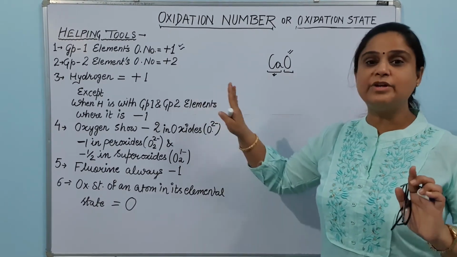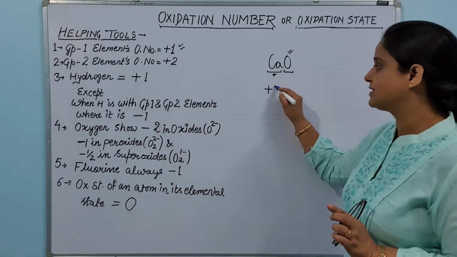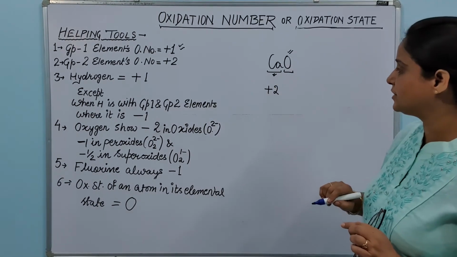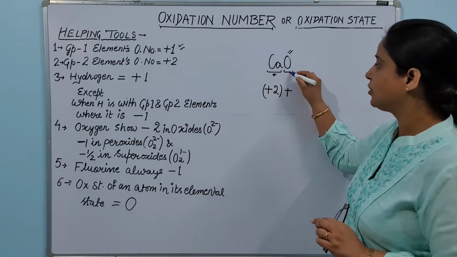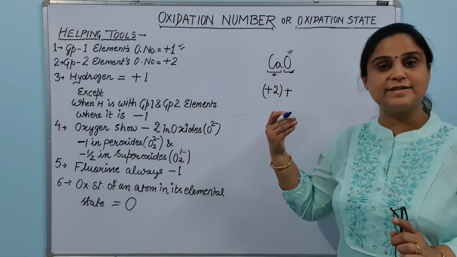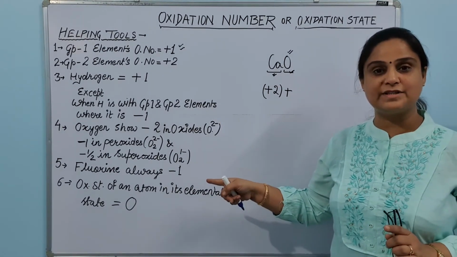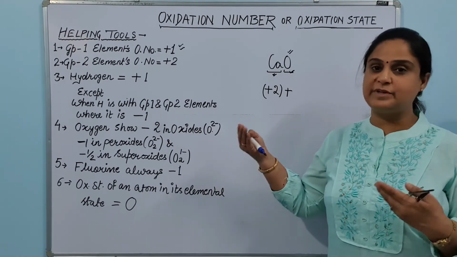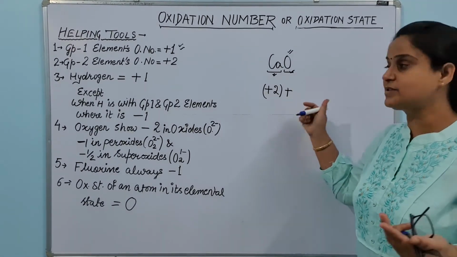So without any doubt you can have calcium at +2 state. And how many calcium are kept here? Only 1. So +2 will be added with oxygen. Oxygen's oxidation state I am not telling you because oxygen can show 3 types of oxidation state. So here, because I am taking out the oxidation state of oxygen, I will consider it as X because I do not know it.